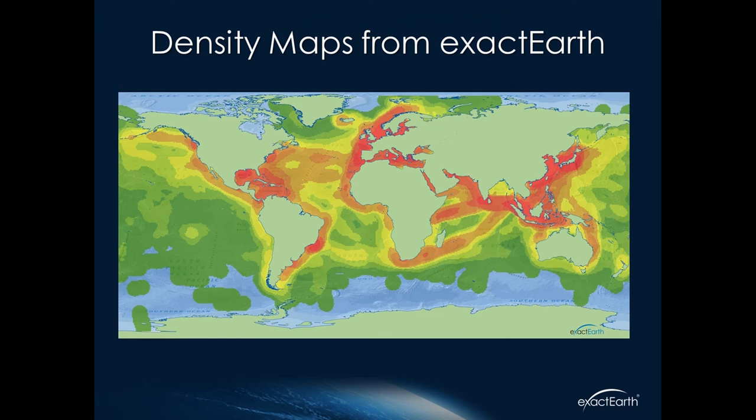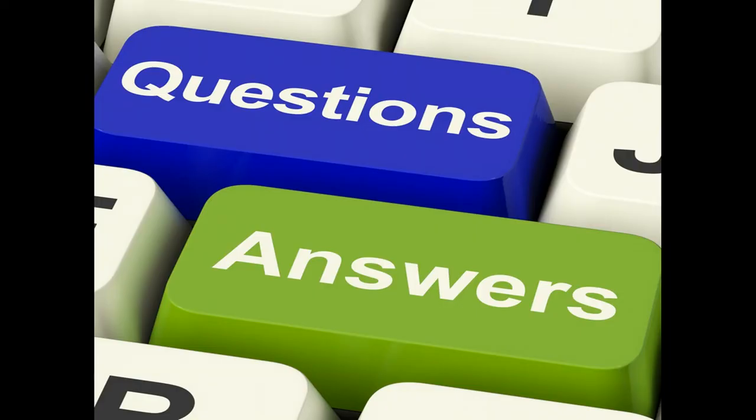If all you want to do with one of our density maps is print or use it for reference purposes, then you won't need a GIS program, as the maps actually are available in what's called a GeoTIFF format, and they can be viewed or printed without any GIS program. However, if you want to do some in-depth analysis on the map itself, like what I showed in the demo, pulling up the number of cargo ships and doing comparisons between vessel types or flags, then you'll certainly need a GIS program to load that map.